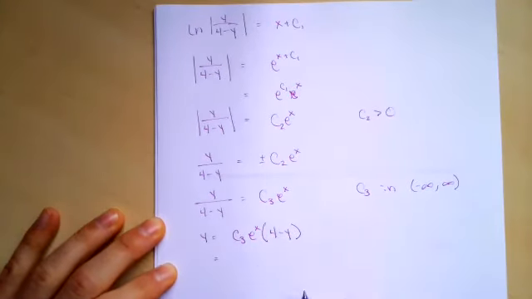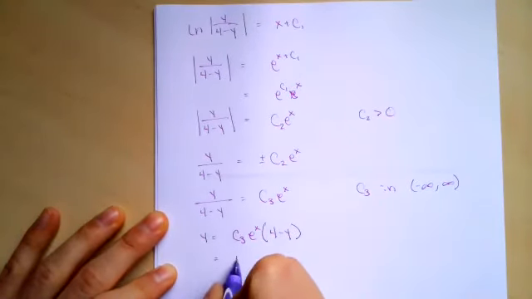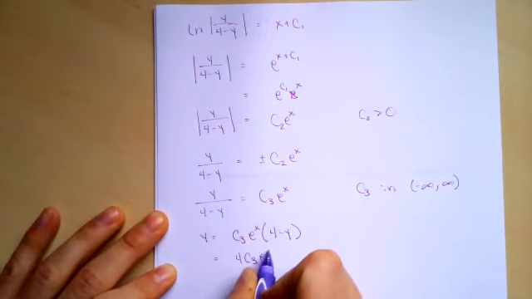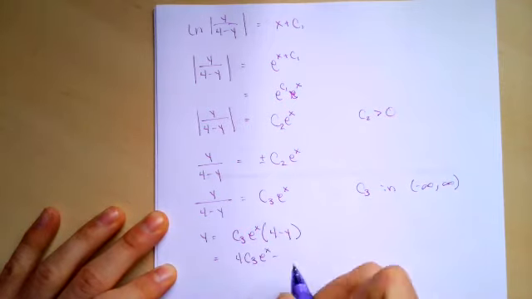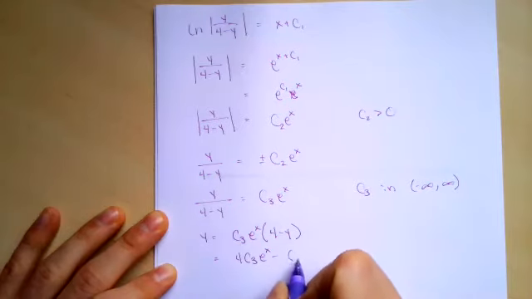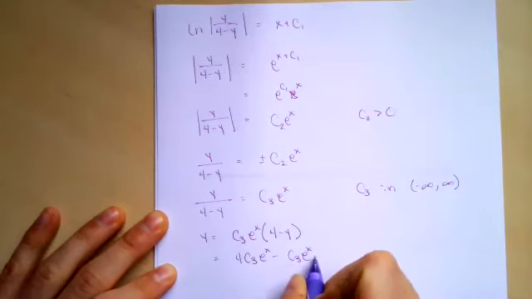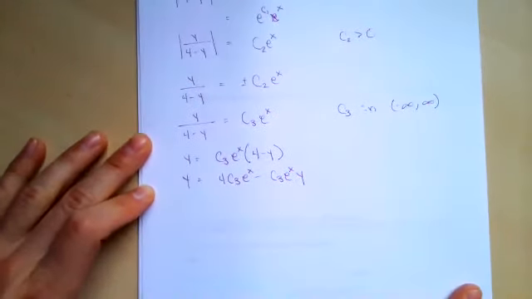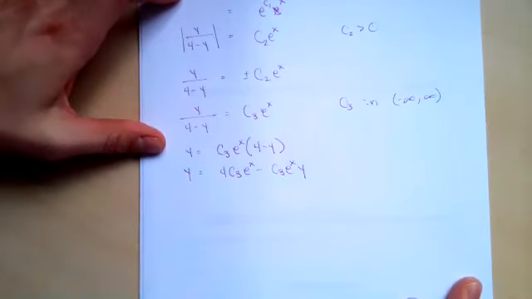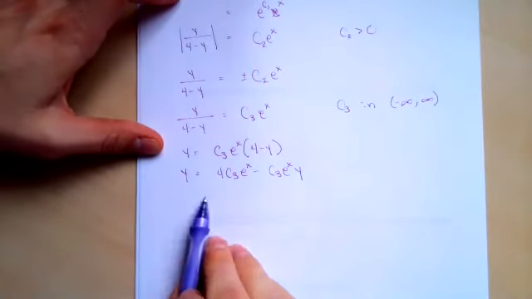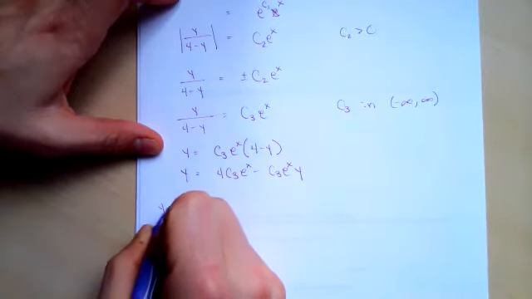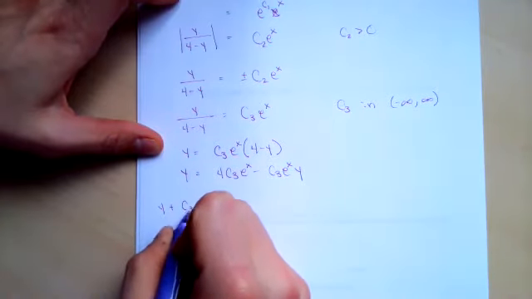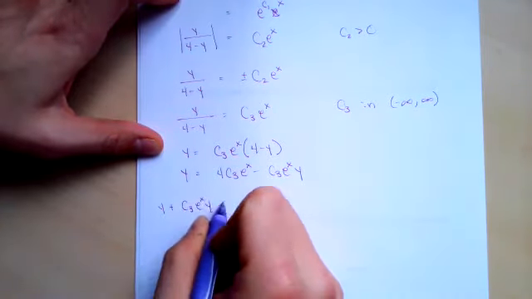You've got to distribute, so we'll have 4 times c3 e to the x minus c3 e to the x y equals y. We then add and subtract to put all the y's on one side, y plus c3 e to the x y is equal to 4c3 e to the x.